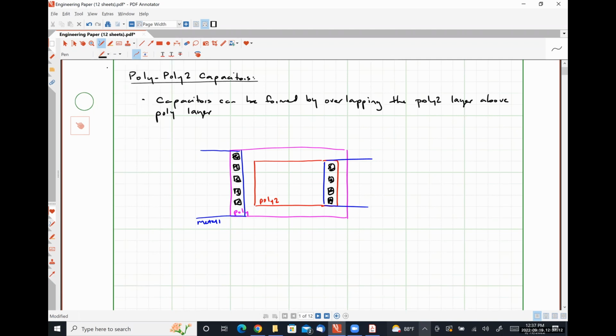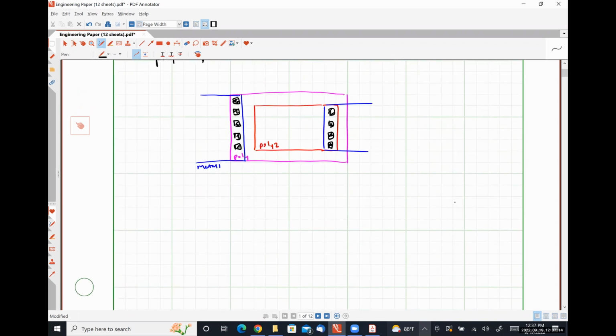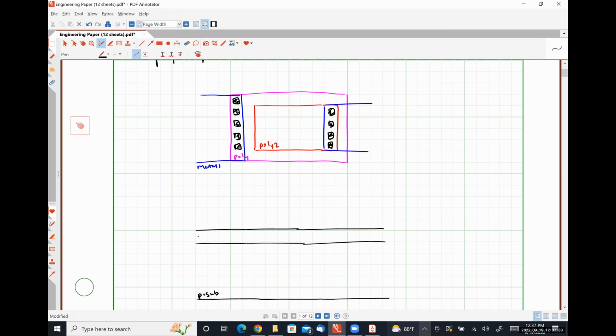And our cross-sectional view of this structure is going to look something like this. So here's our substrate. Our field oxide. Recall that this effectively is a thickness of T ox.